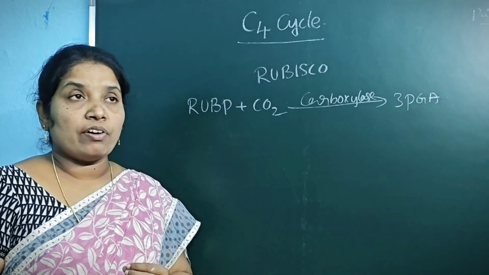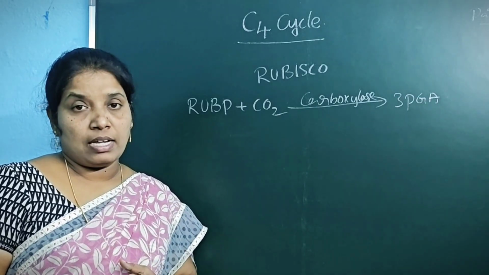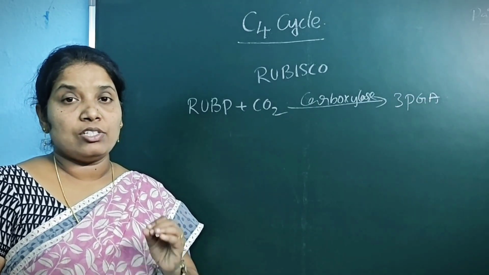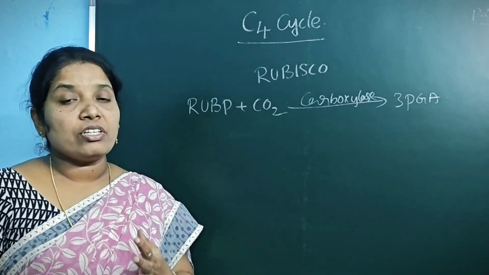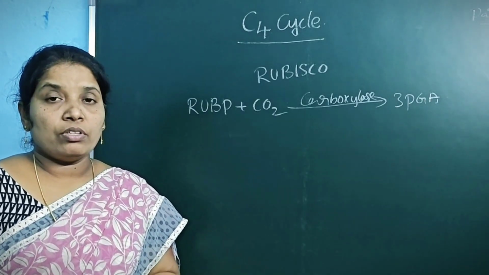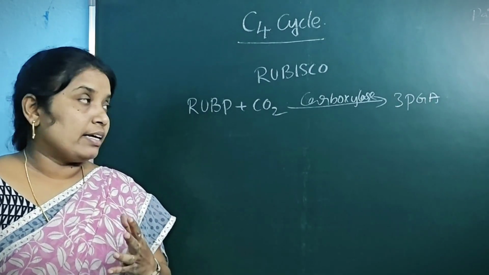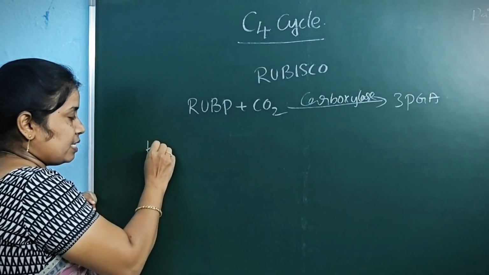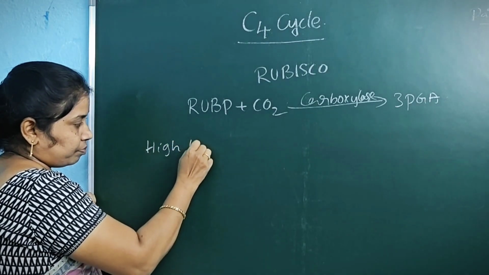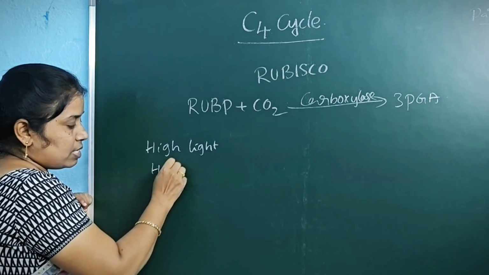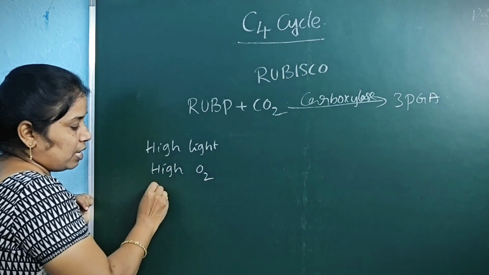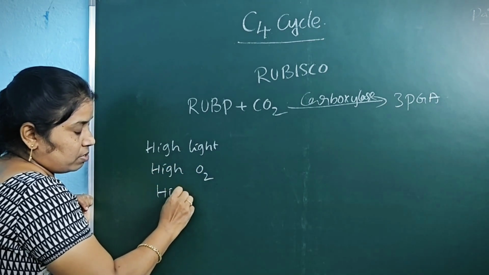But in the case of C4 plants, which live in tropical and subtropical regions, the conditions are different. There are conditions like high light intensity, high oxygen concentration, and high temperatures.